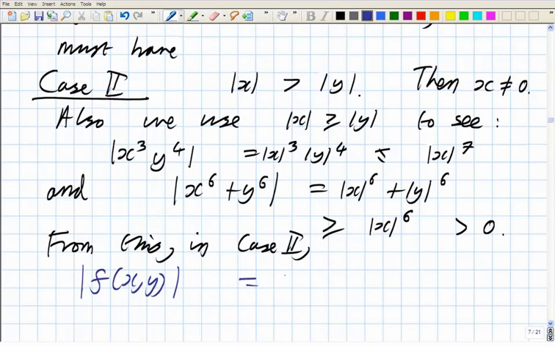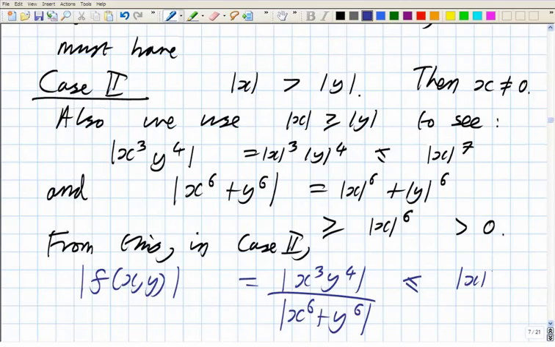It's equal to modulus of x cubed y to the fourth over modulus of x to the sixth plus y to the sixth. And that's, this time, less than or equal to, well, the numerator we know is less than or equal to mod x to the seventh this time. And the denominator is greater or equal to mod x to the sixth, so we could use that. And you get modulus of x.